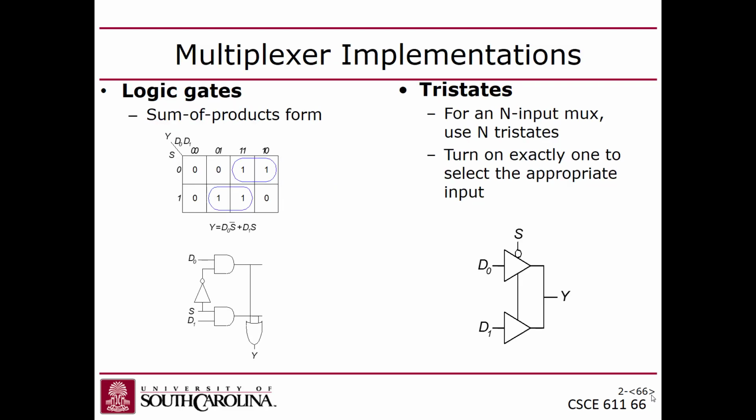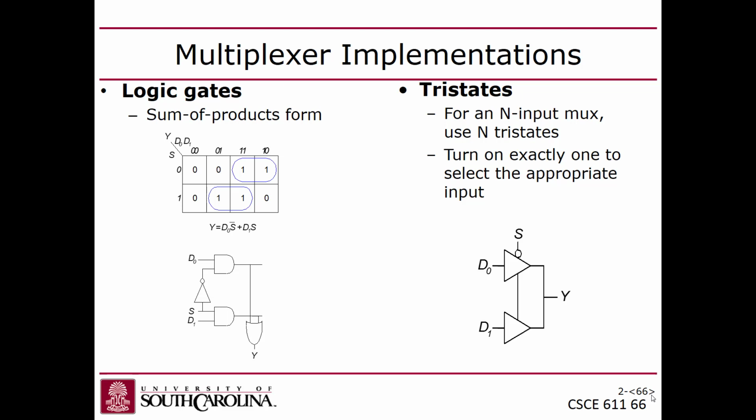Okay, so multiplexers can be built with gates, like I just mentioned. There's a few different ways to do it, though. One way to do it is to take each input. Well, in this case, I guess this is a special case, the two input one. So you've got two inputs.